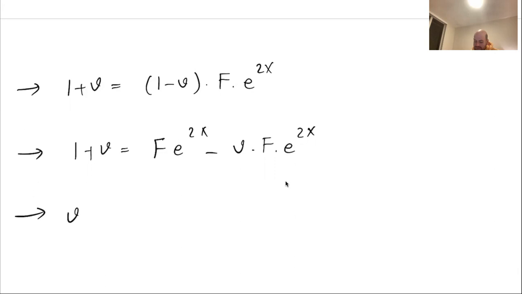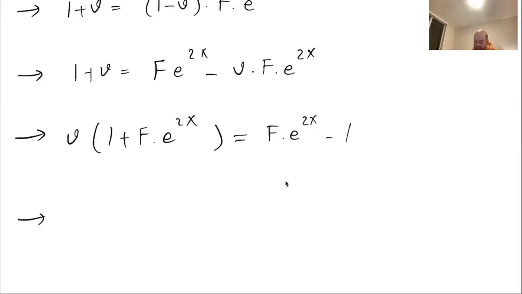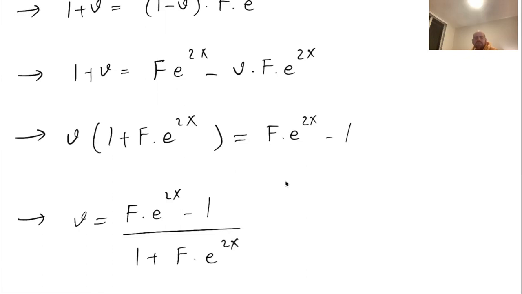Then if I factor v out, v times 1 plus f e to power 2x equals f e to power 2x minus 1. And then v will be equal to f e to the power 2x minus 1 divided by 1 plus f e to the power 2x. So this is the solution for v in this case.